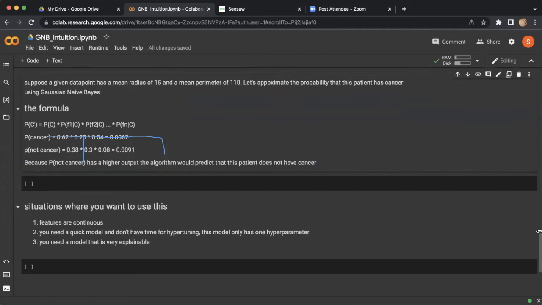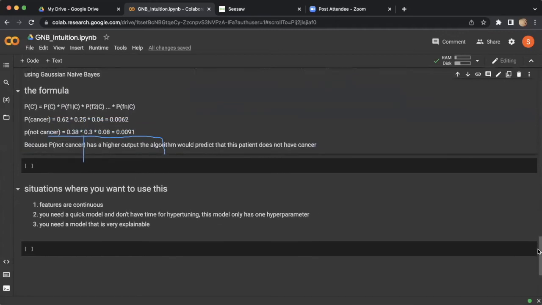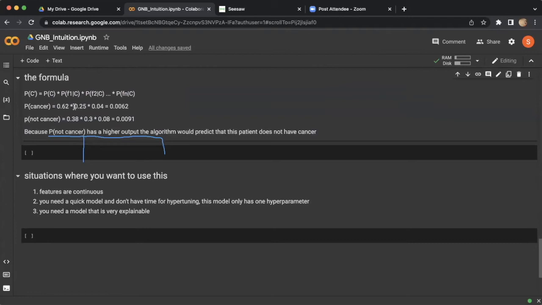So basically, just to reiterate, this is the probability that any patient has cancer, the probability that a patient has a radius of 15, given that they have cancer, and the probability that a patient has a perimeter of 110, given that they have cancer, all multiplied up.